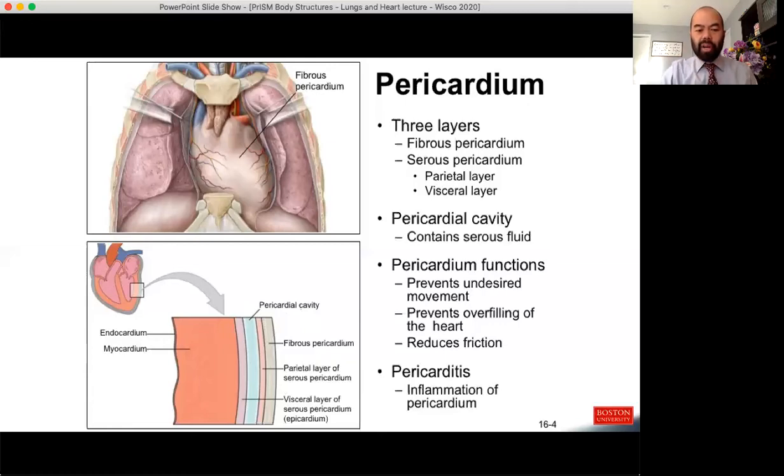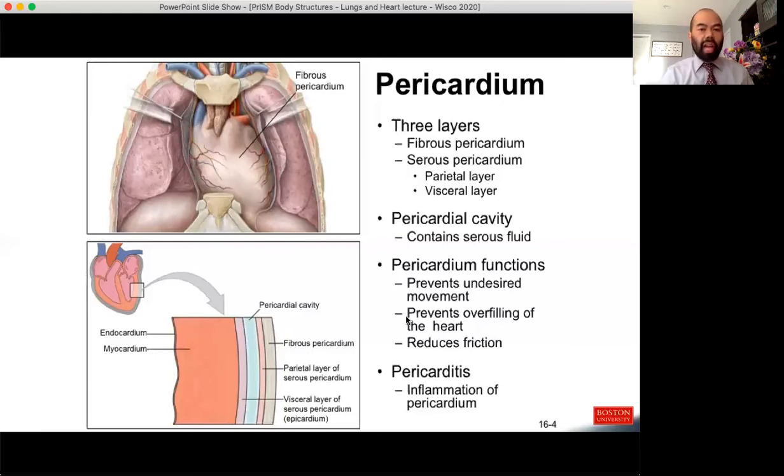Because our fibrous pericardium is inside world for the heart, but I've got the lungs here, which would be located where all the words are. And we don't want the fibrous pericardium to be exposed to the lungs. So yes, there is another layer that is located just laterally to the fibrous pericardium, and that's the pleura. That's the parietal pleura, or the mediastinal pleura, which I referred to earlier.